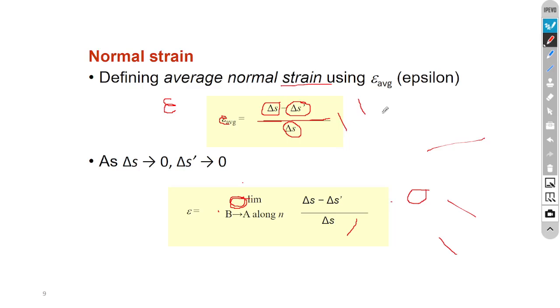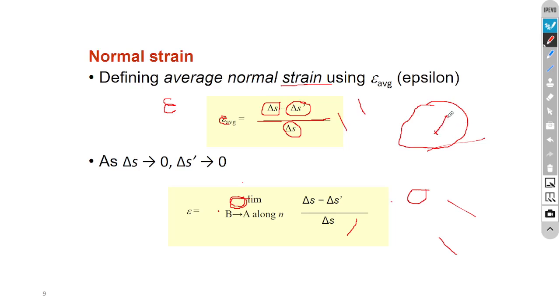To be able to determine the strain, the deformation at a point, we select 2 points that are an infinitesimally short distance away, so it is like a point. But if the points are selected very far from each other at a finite distance, then the strain using this formula can be calculated, but it is going to be the average strain from here to there.